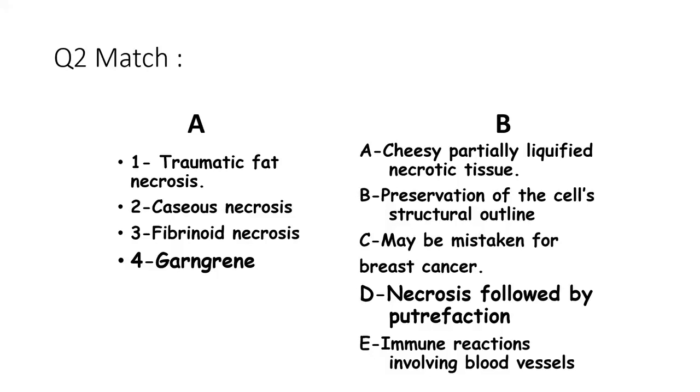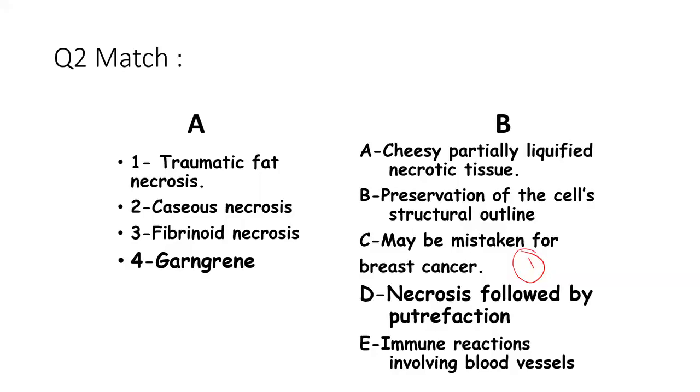Let's solve this match question before we go. Traumatic fat necrosis, caseous necrosis, fibrinoid necrosis, and gangrene. Traumatic fat necrosis occurring in the breast, leading to formation of a hard lump, may be mistaken for breast cancer. Very good.